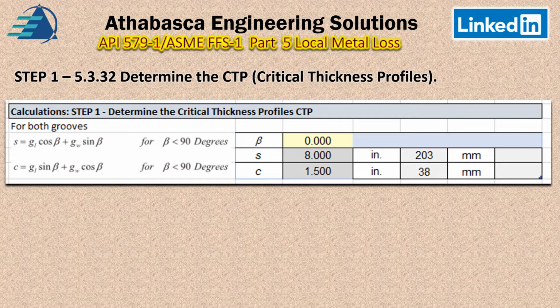This is just a geometry relationship, and because beta is zero because it's all longitudinal, one of these values cancels out. Then you're basically left with this one on this one and that one on that one for zero. So then you calculate S and C, and away you go. And that's how you get that. And then from there you can determine the size of the inspection area that they need to perform as well.